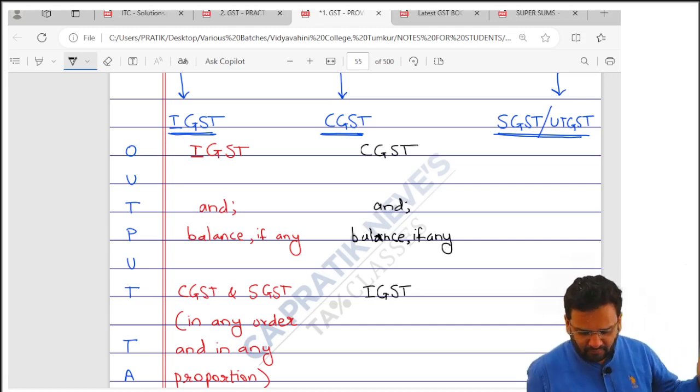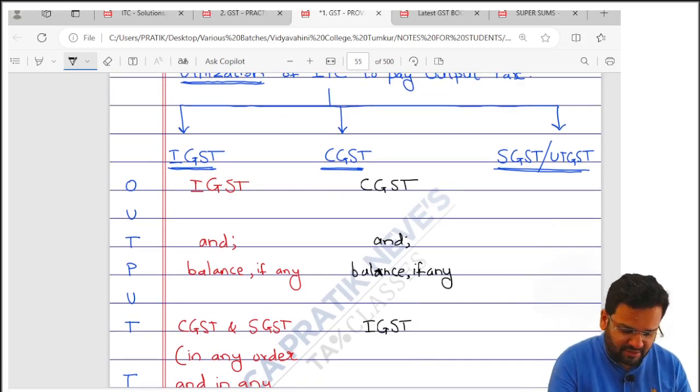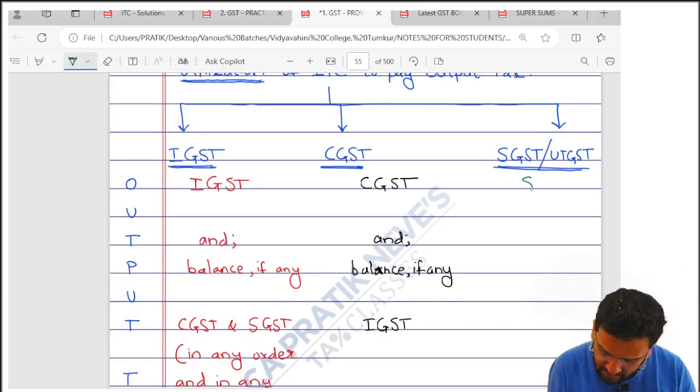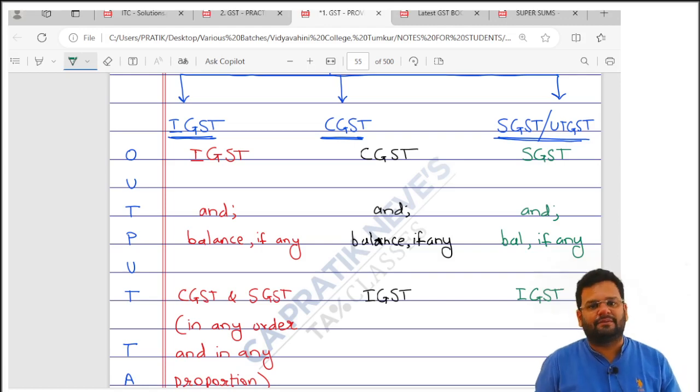Now after that, you touch ITC of SGST and utilize it to pay output tax of SGST, and balance if any, to pay output tax of IGST.